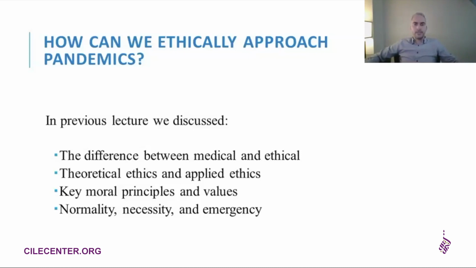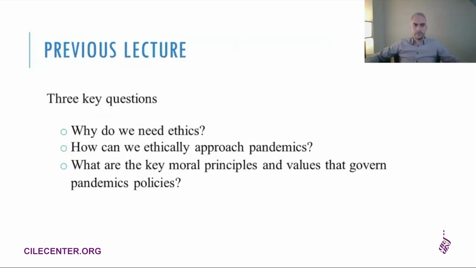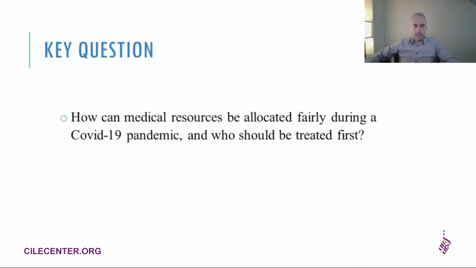The rapidly growing imbalance between supply and demand for medical resources presents an inherently normative question: how can medical resources be allocated fairly during a COVID-19 pandemic, and who should be treated first? This is the key point that we are going to analyze and explore in this lecture.